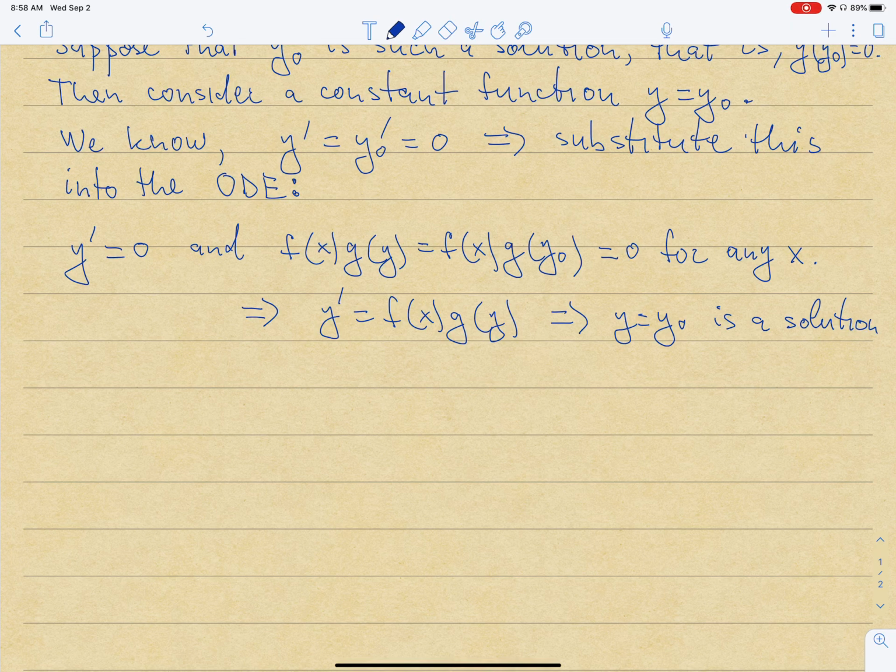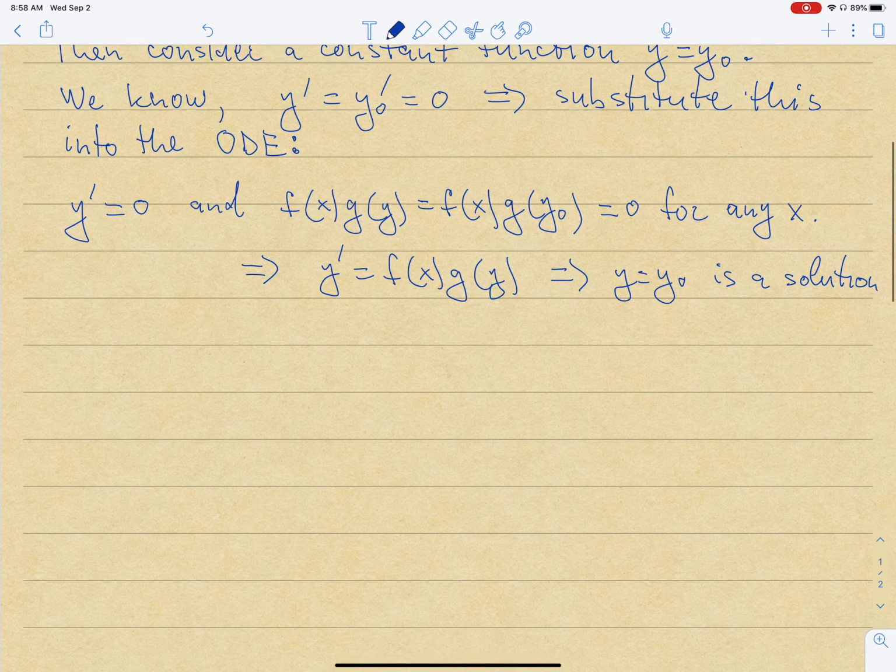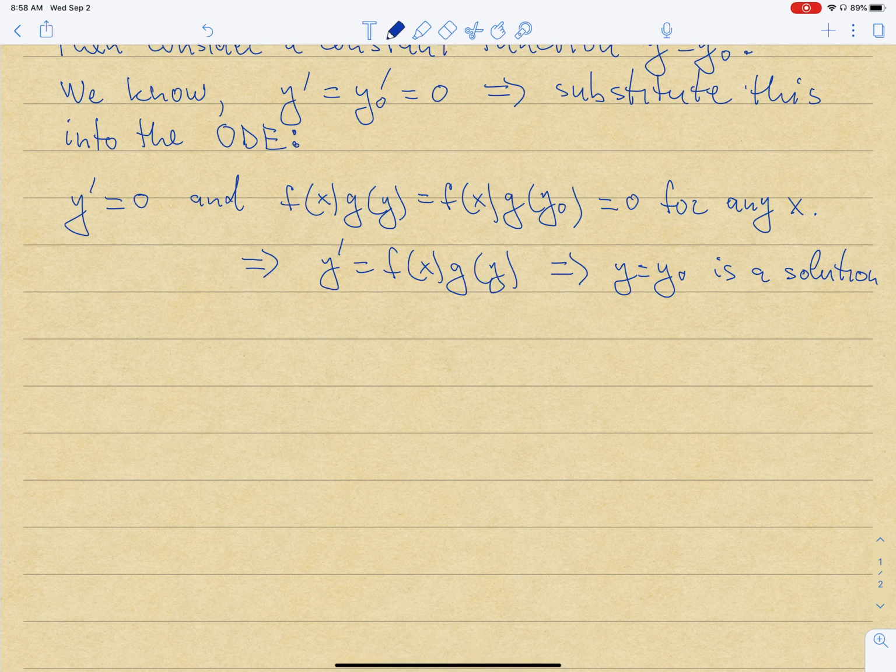So this type of solutions, just like it was true for autonomous equations in the previous lecture, we're going to call equilibrium solutions.